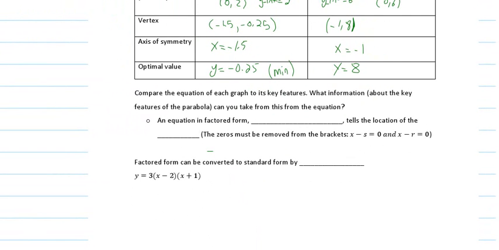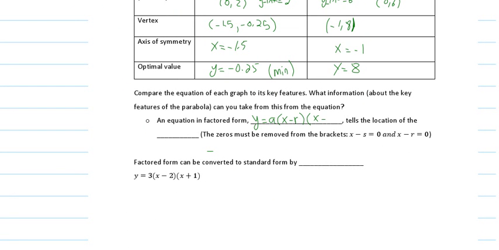So an equation in factored form is going to look like this. The location of the x-intercepts, or the zeros.